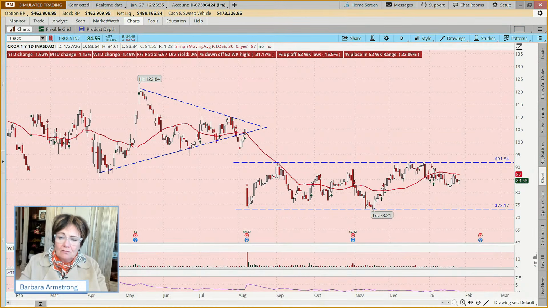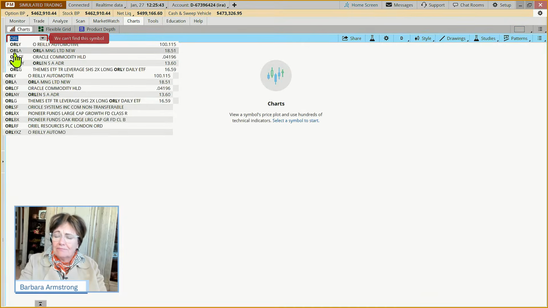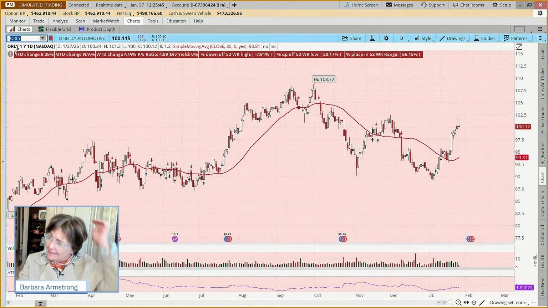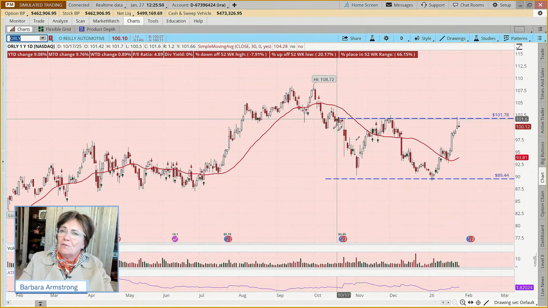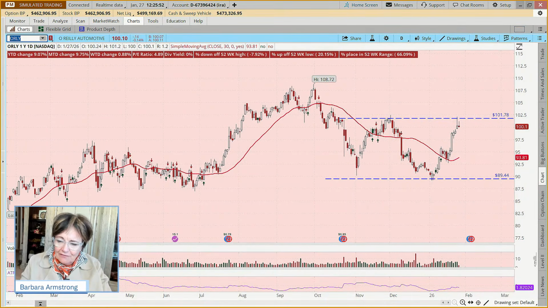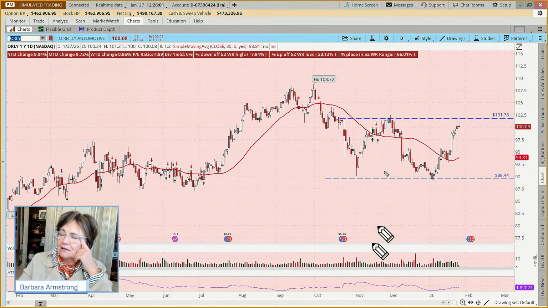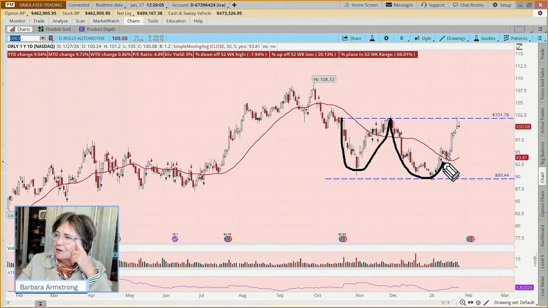How about O'Reilly? And if there are any particular stocks you'd like to look at, just type them into the chat, because I made myself a list of ones that were going up, down, and sideways. So, what do we see here? A song from Queen comes to mind when I look at these, because we've got two big bottoms, two fat bottoms here, that are making our double bottom pattern.